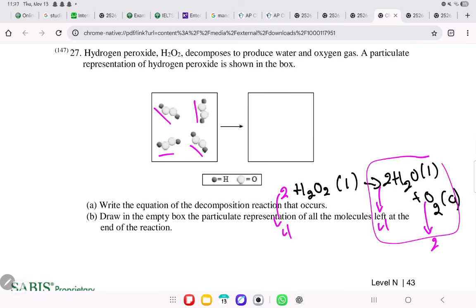So I'm going to make the water molecules. Actually, let me do it like this. I'm going to make hydrogen red and oxygen blue. So my water molecule will be like this. A big blue, 2 small red. And I have to repeat that 4 times. So it's time to draw.